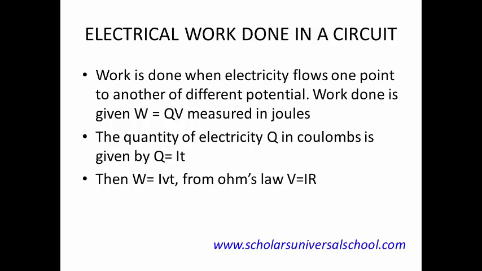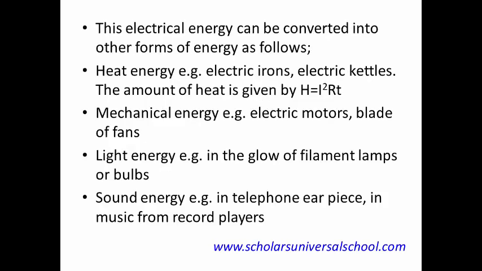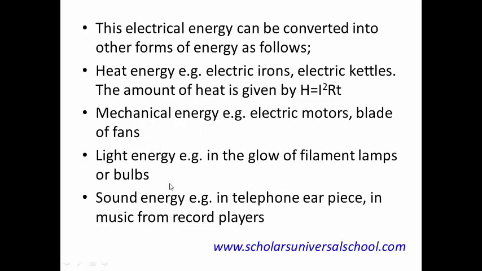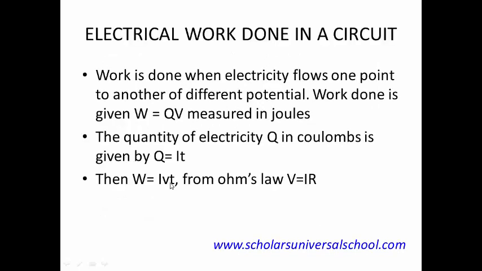So the quantity of charge is given by Q equals IT: Q, quantity of charge measured in coulombs, I, current measured in amperes, and T, time measured in seconds. So the work done in a circuit is QV. I can replace Q with IT, so I have work done to be IVT: I, the current in amperes, V, voltage in volts, T, time in seconds.